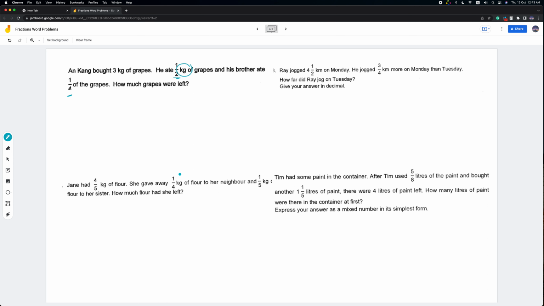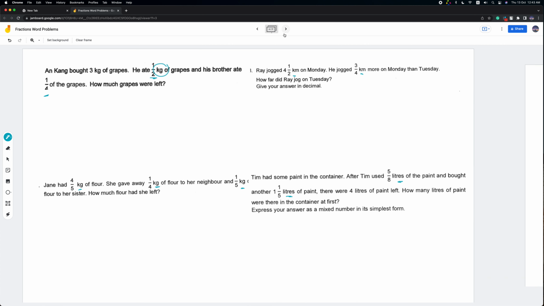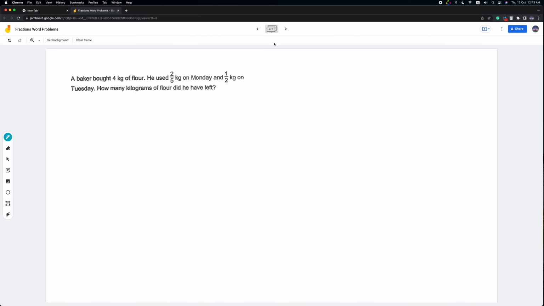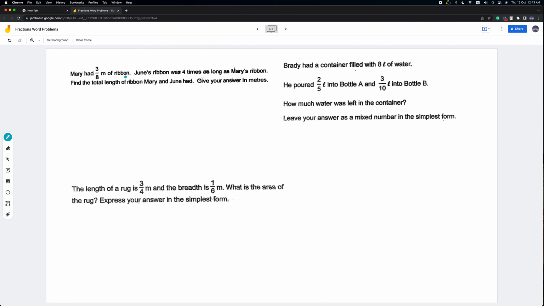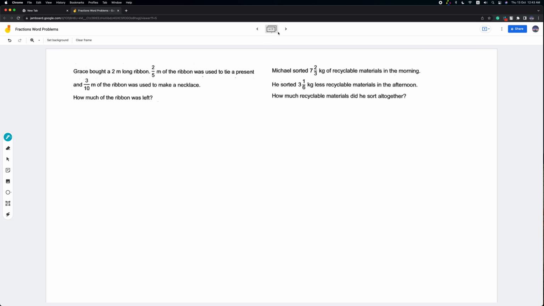For this case, I actually compiled most of them here, fractions with units, because I want to go through with you how to solve fractions that come with units first. So I put this as an example to show you there's 2 types. And then the next one, you will see there's fractions that have units, and then you will see fractions that have no units.